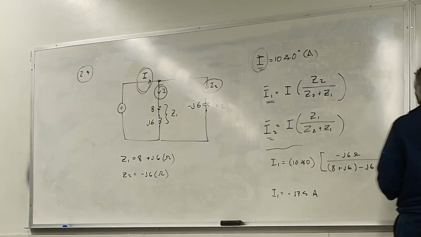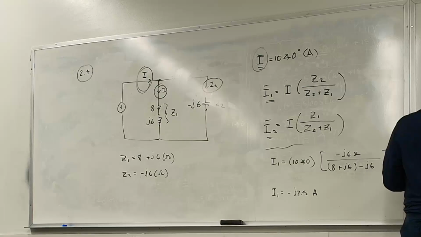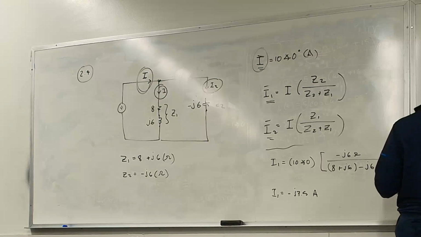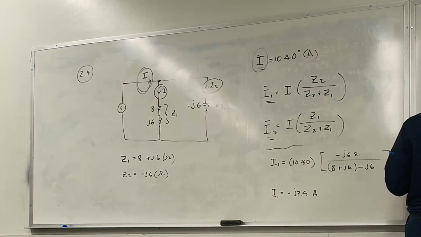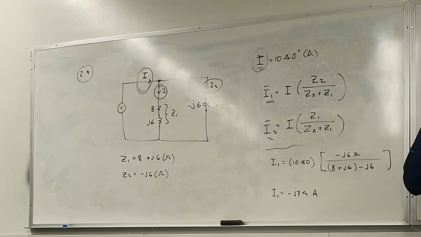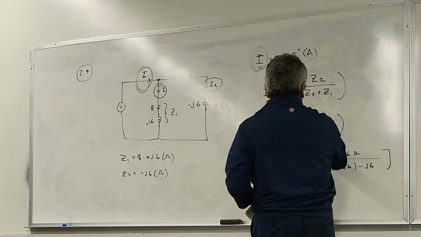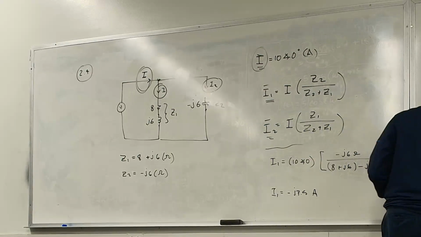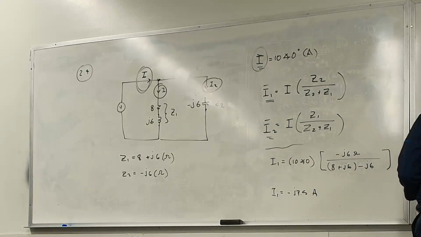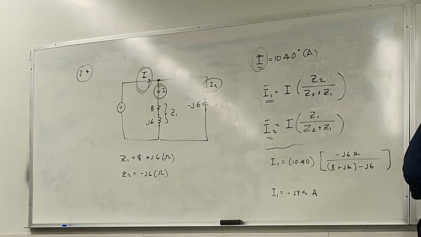But, as I said, you can use the long form. I2 is equal to I times Z1, the denominator is always the same, Z2 plus Z1, meaning the denominator is common, right? So I2 is equal to 10 angle 0 degrees. That's how you write it.